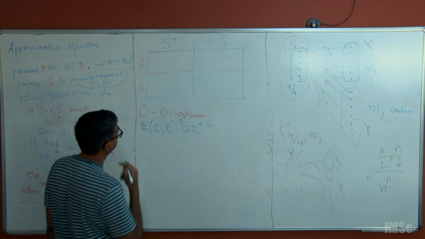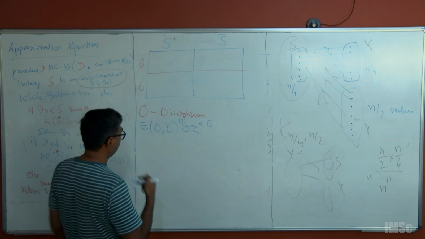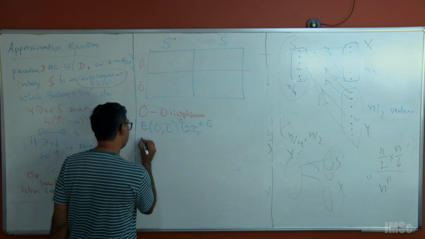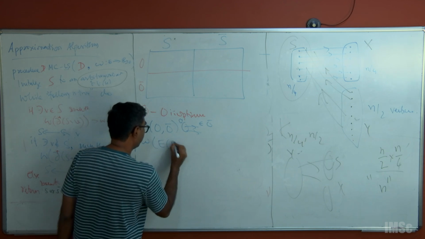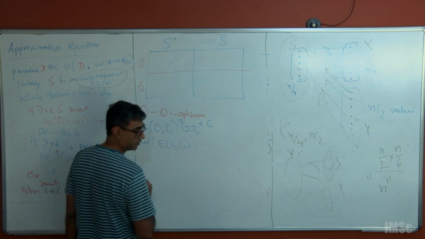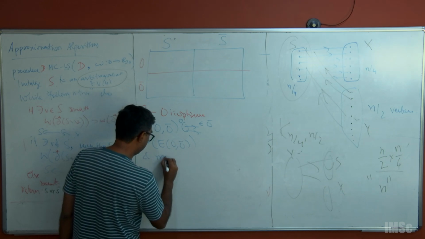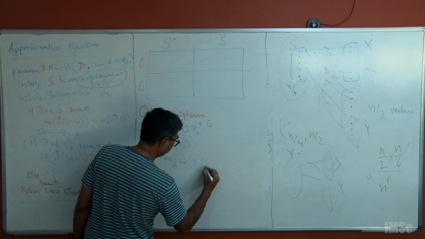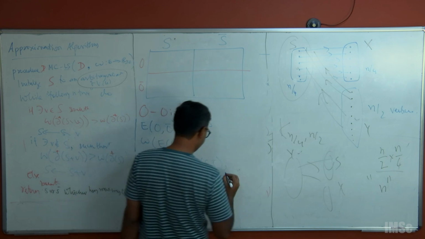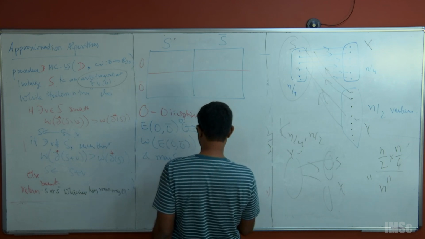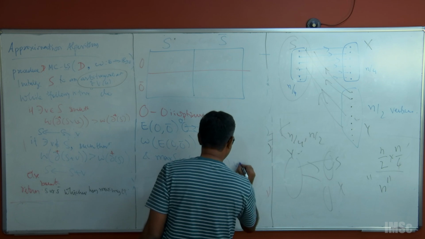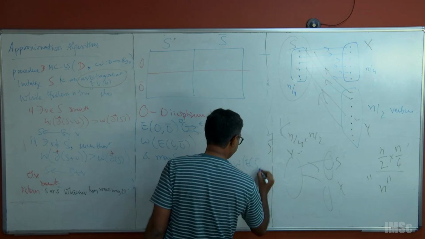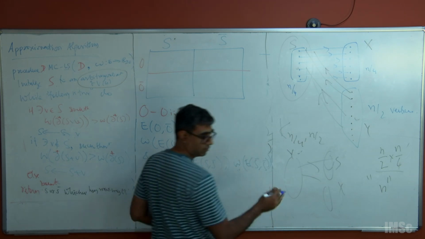Now what I want to do is understand how this and the max of weight of E(S, S bar) and weight of E(S bar, S) are related to each other.